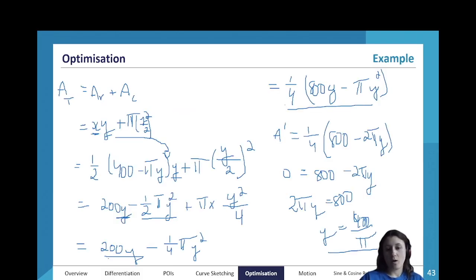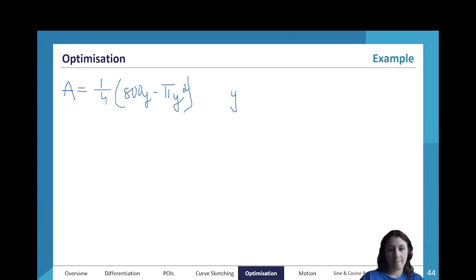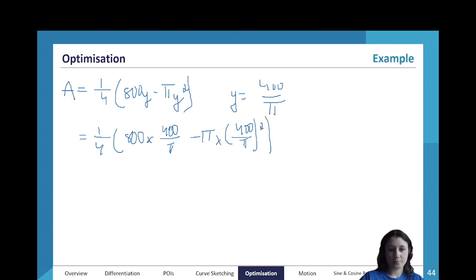And then our y value is 400 on pi. So let's go through and find the actual area value this gives us. We're going to have 1/4 times 800 times 400 over pi minus pi times 400 over pi squared.